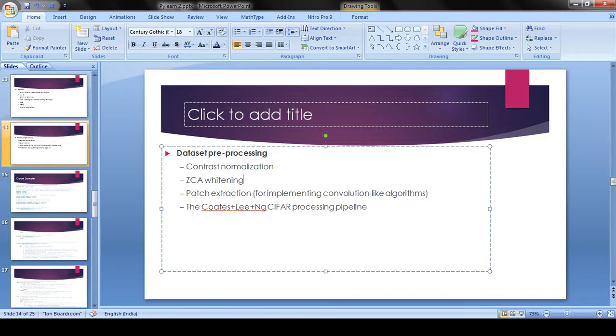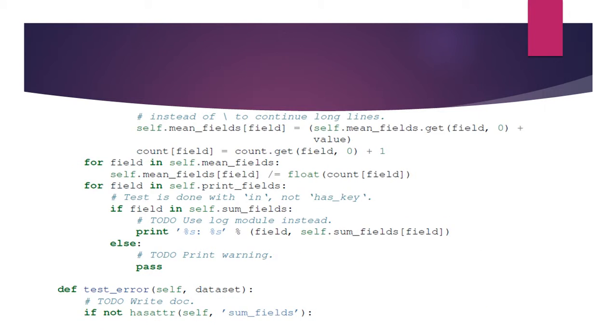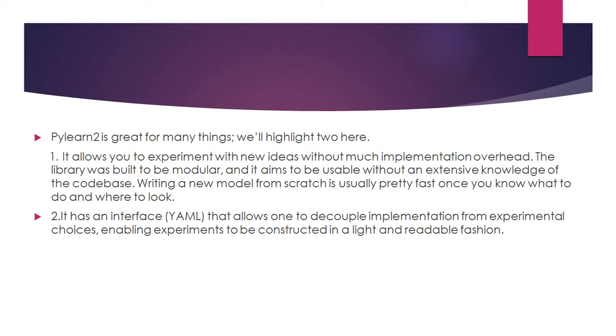The CIFAR dataset has 60,000 images, of which 50,000 are for training and 10,000 for testing.